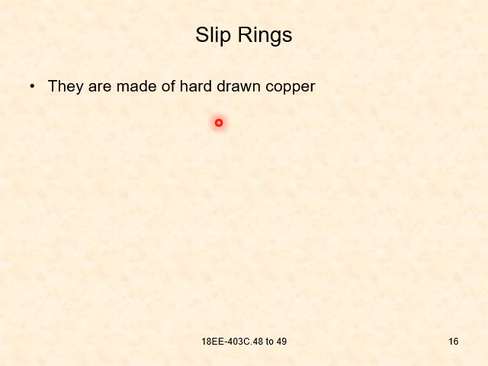You may have learnt in the first year workshop about the hardening and annealing process: when a material is heated and cooled down suddenly, it is called hardening, and if it is cooled down slowly, then it is called annealing. So these slip rings are made of hard drawn copper.